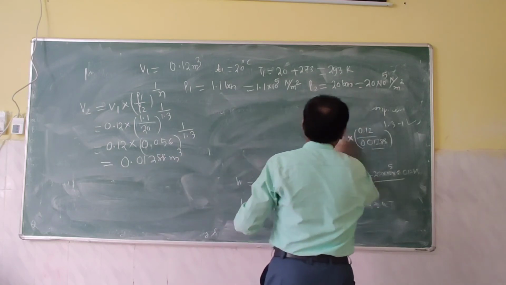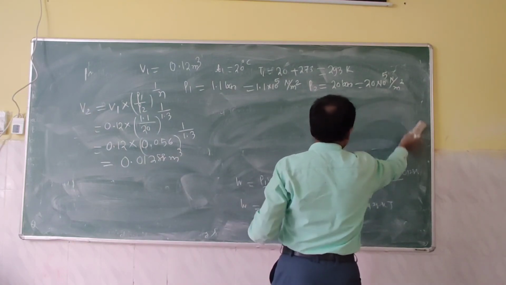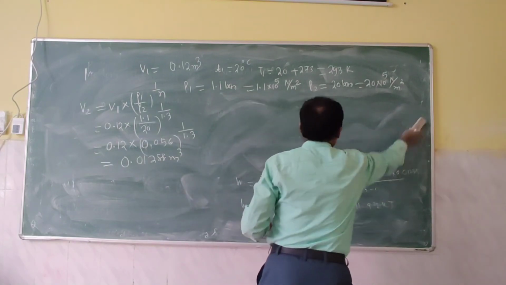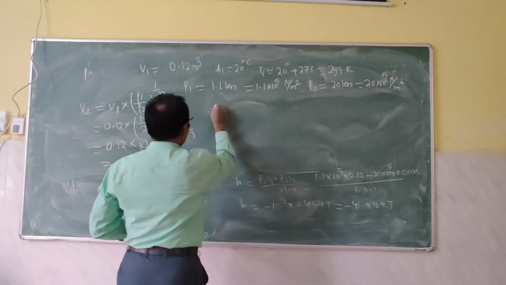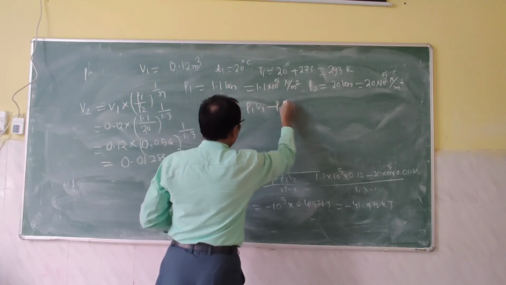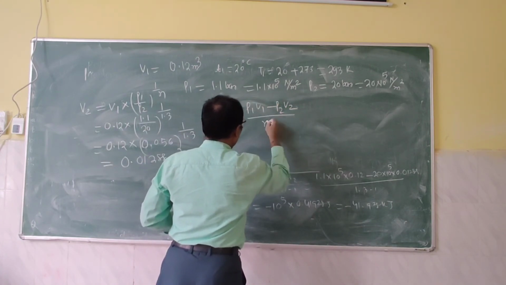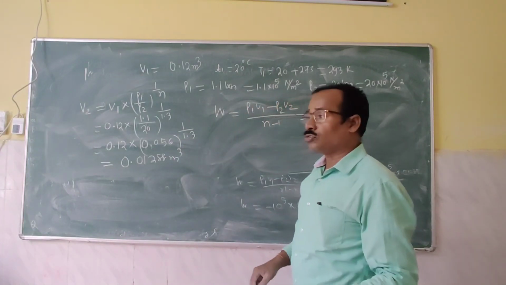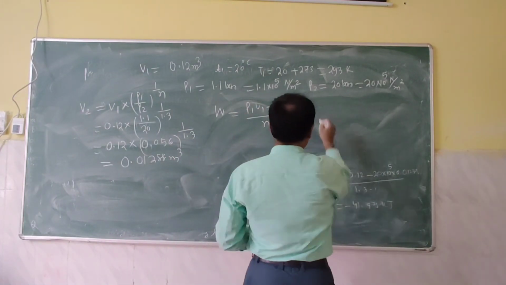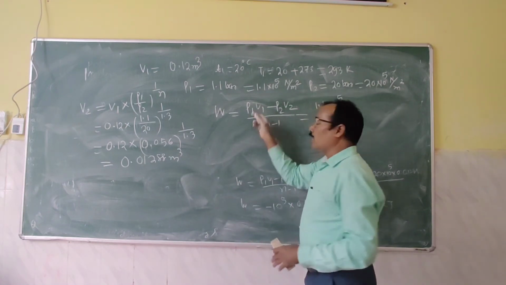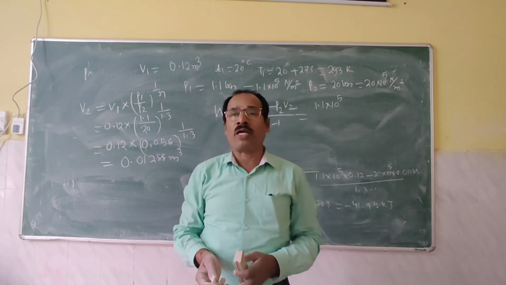Now, what is the work done? We know that W is equal to P1 V1 minus P2 V2 divided by n minus 1. Putting all the values, we have 1.1 into 10 to the 5, because initial pressure is equal to 1.1 bar.